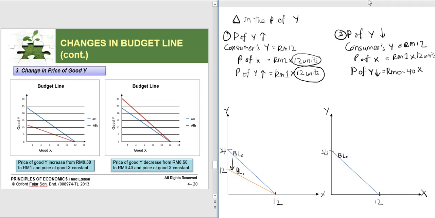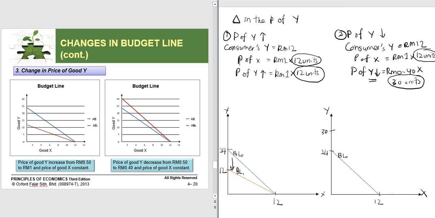So how much of product Y the consumer can buy with the budget of 12 ringgit is 30 units. The quantity of X that the consumer can buy is 12, and the quantity of Y the consumer can buy is now 30 units because the price has become cheaper. So the consumer can buy more. Before this they could buy 24. Now the consumer can buy 30 units of Y.